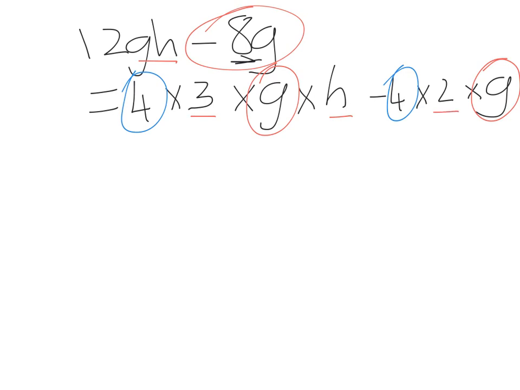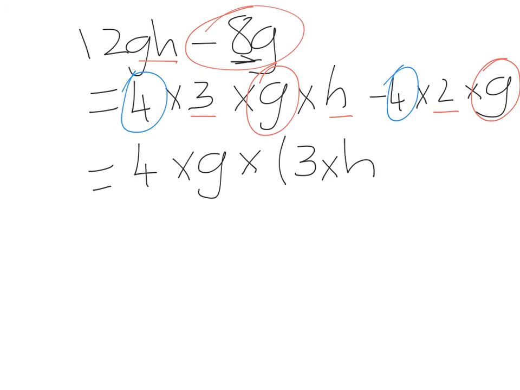So we know that 4 and g are our common factors. So let's write our common factors on the outside of the brackets first. So 4 times g times, and we put the rest into brackets. So we've got 3 times h minus 2.